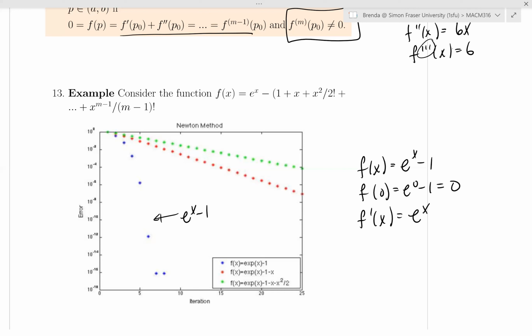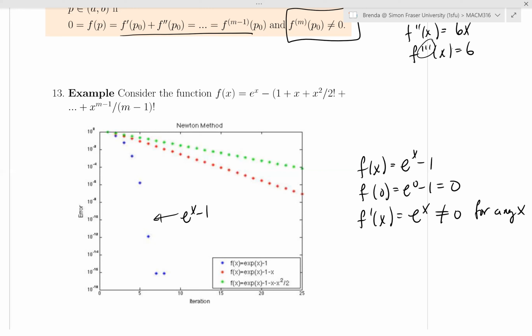That's never equal to 0. And not only is it not equal to 0 for any x, but it's certainly not 0 at 0, which is what we care about. So we see the convergence of Newton's method there.